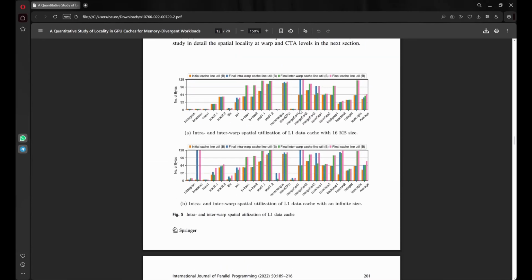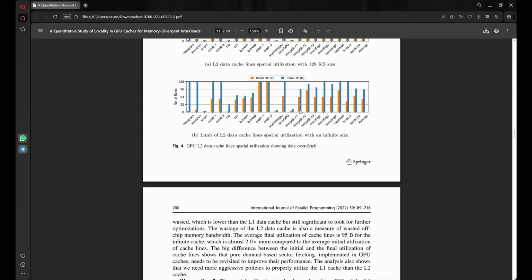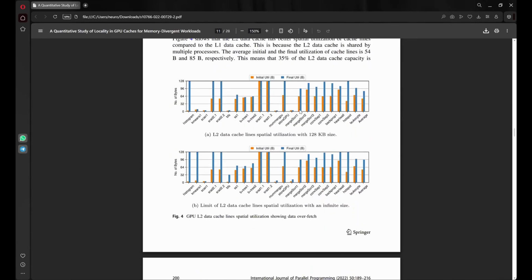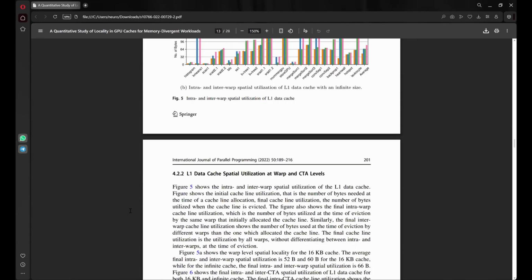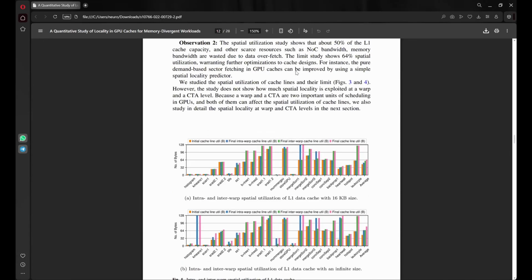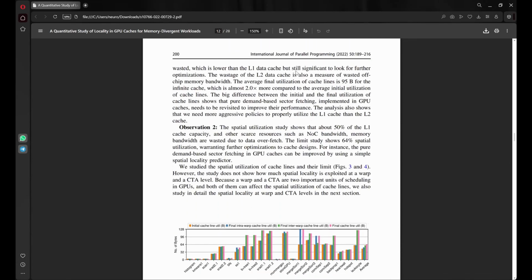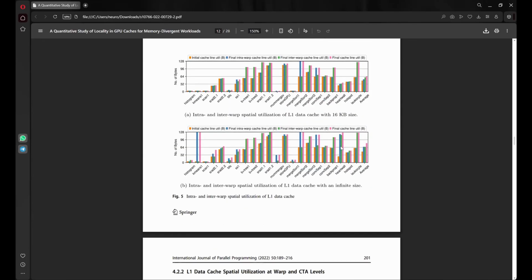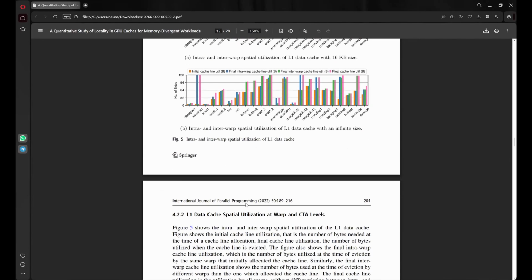So going on, section 4.2.2. Sorry, yes, they do that for both L1 and L2, and in this section they try to figure out, okay, we see spatial utilization in both of these caches.